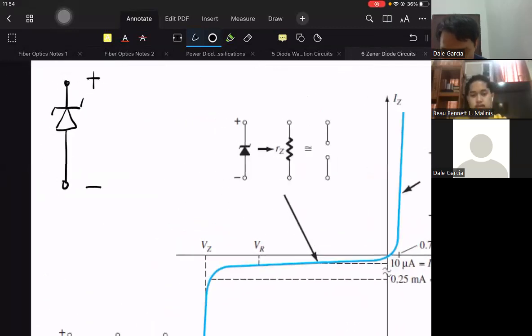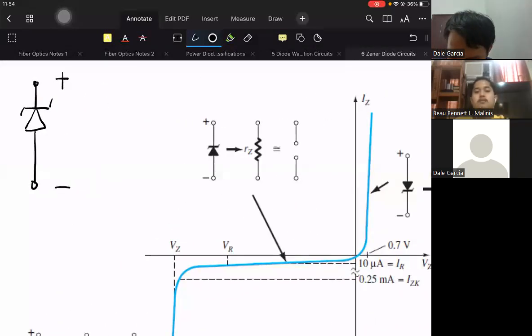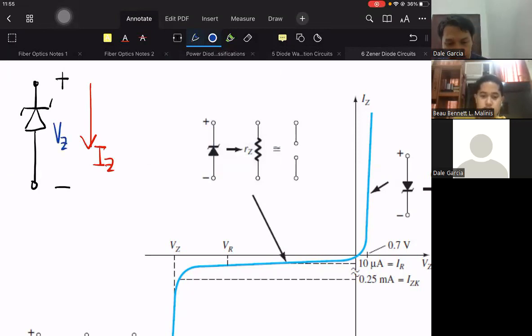And current will flow in this direction. We call this one IZ, if the condition VZ is satisfied. The same as in the regular rectifier diode when the voltage drop is satisfied, in this manner current will flow downward.